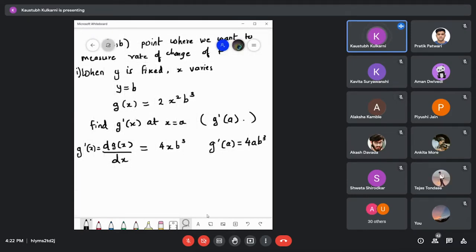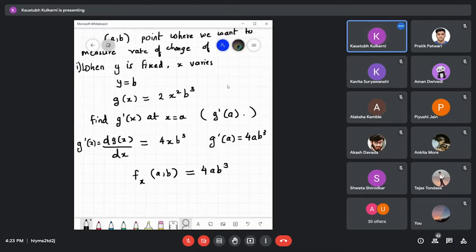One of the notations for it is f subscript x, which denotes the partial derivative with respect to x at the point ab, and it is equal to 4ab cube.